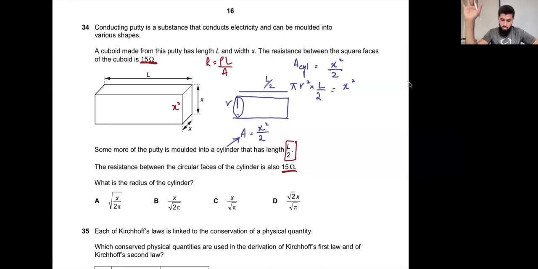Oh, my bad, guys. We are talking about the cross-sectional area of the circle. So pi r squared is equal to X squared. What I wrote earlier was the volume of a cylinder, which is not needed. So area is equal to X squared upon 2.